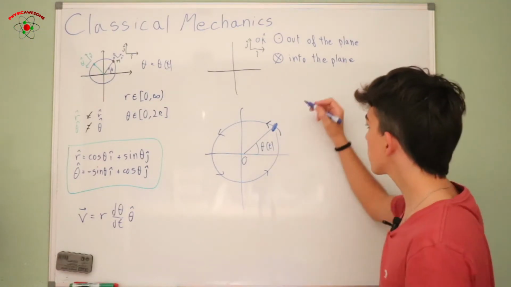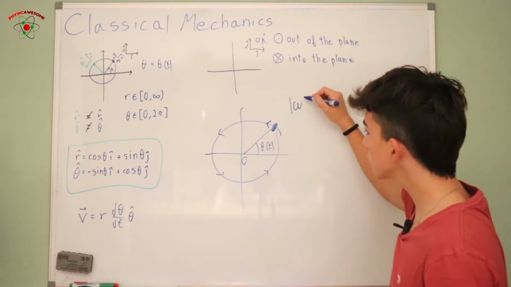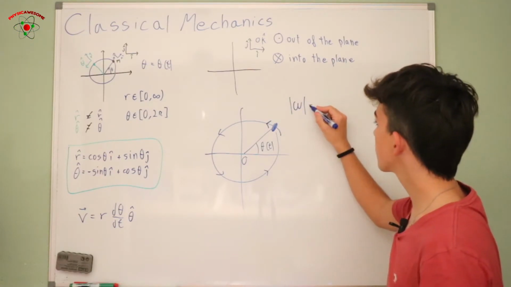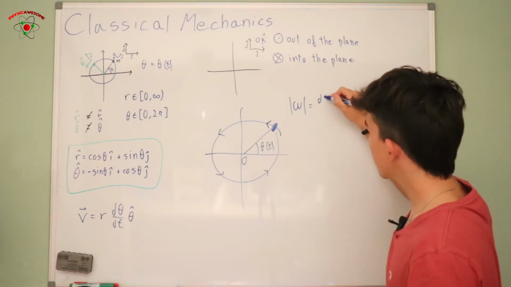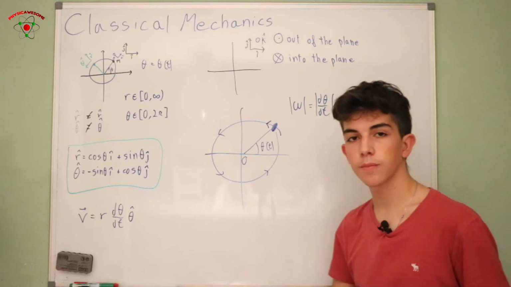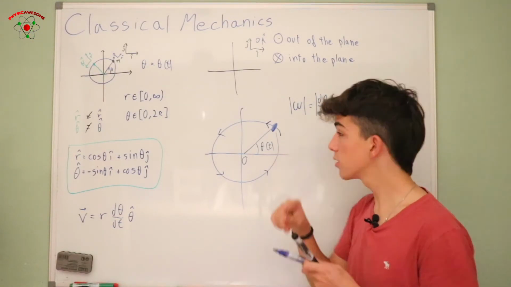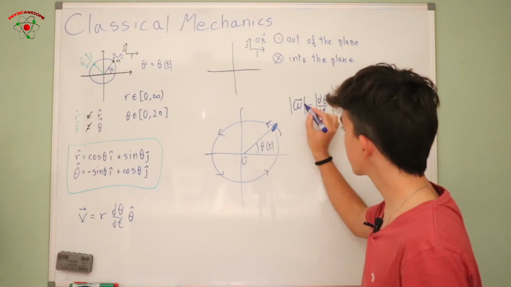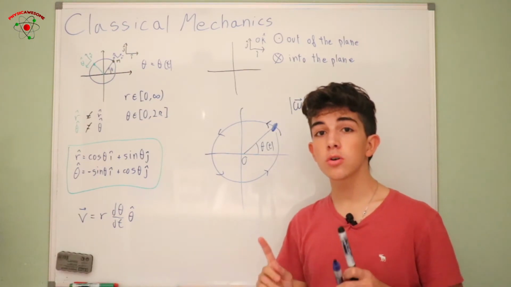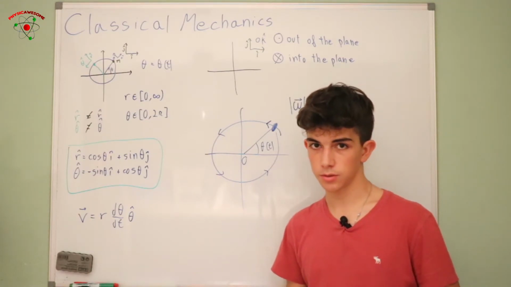We will define the quantity omega, whose absolute value is going to be d theta dt. Absolute value. However, we would like this to be a vector, and we would also like it to indicate the direction of rotation.